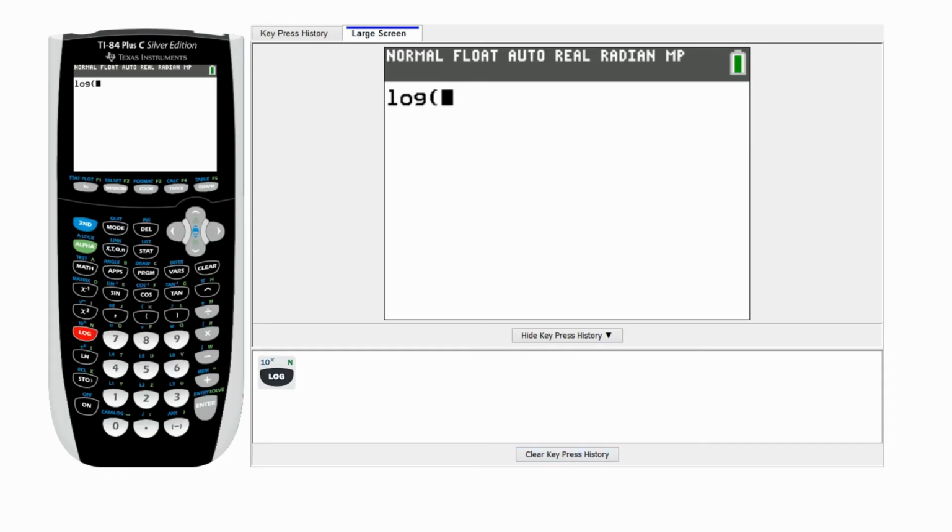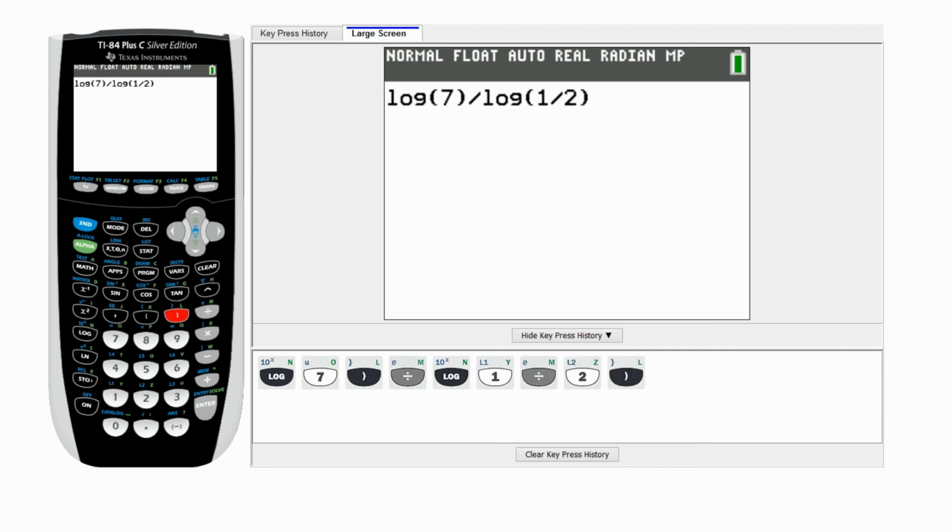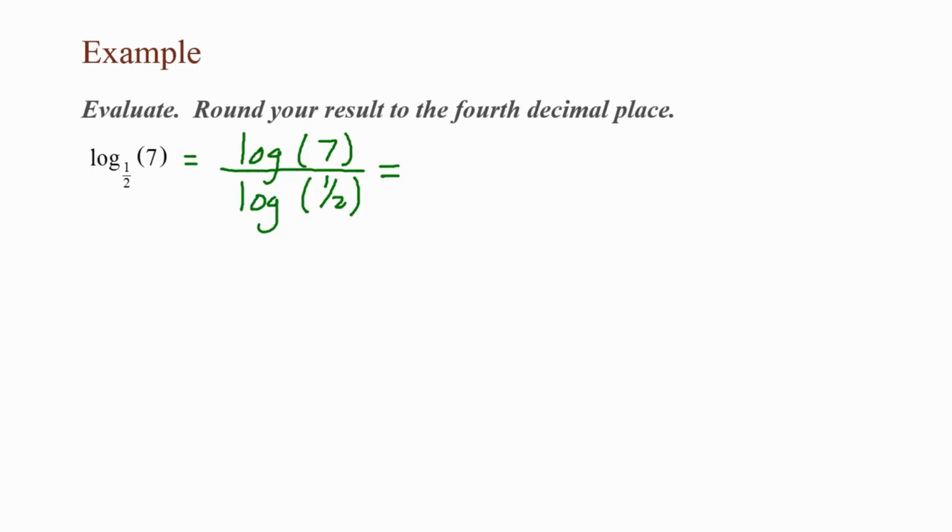So we type log 7, close parenthesis, divided by log 1 divided by 2, close parenthesis, enter, and we get negative 2.807354922. Rounding our result to 4 decimal places, we have negative 2.8074.